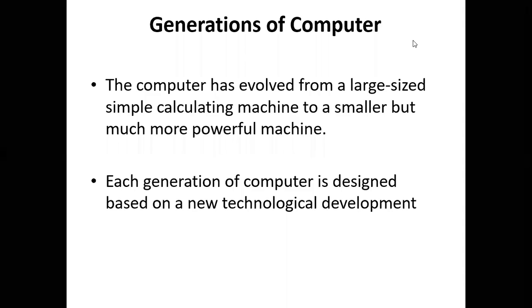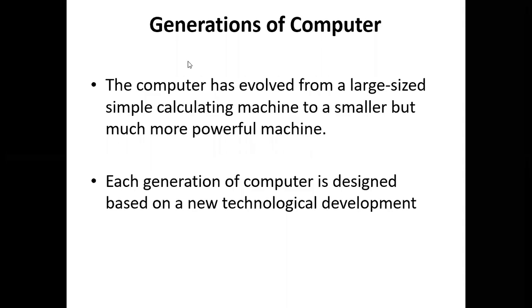Hello everyone. In this video, we continue our look at basics of computers. In the previous video, we defined computer systems. We talked about classification of computers, and we also talked about key characteristics of computers.